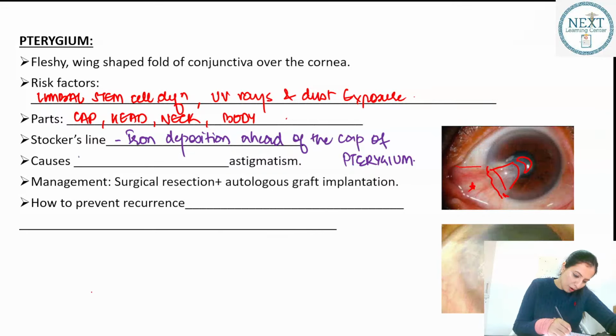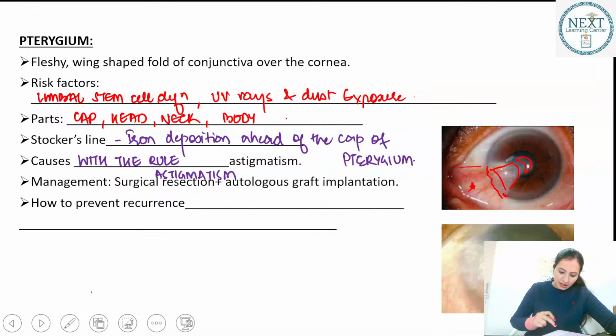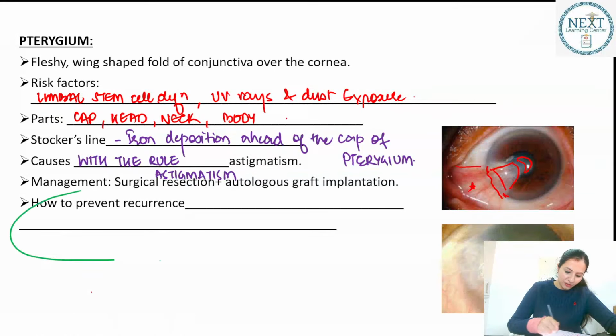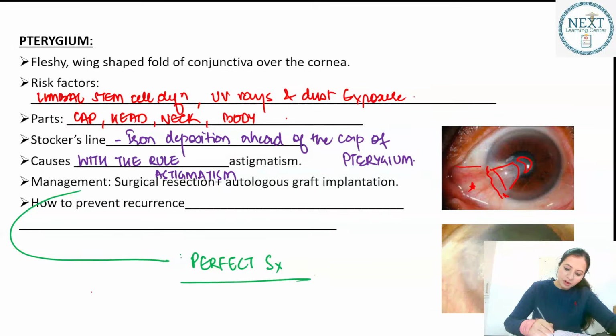It is known to cause with the rule astigmatism. Management involves surgical resection and autologous graft implantation, which is also known as perfect surgery. What is perfect surgery?